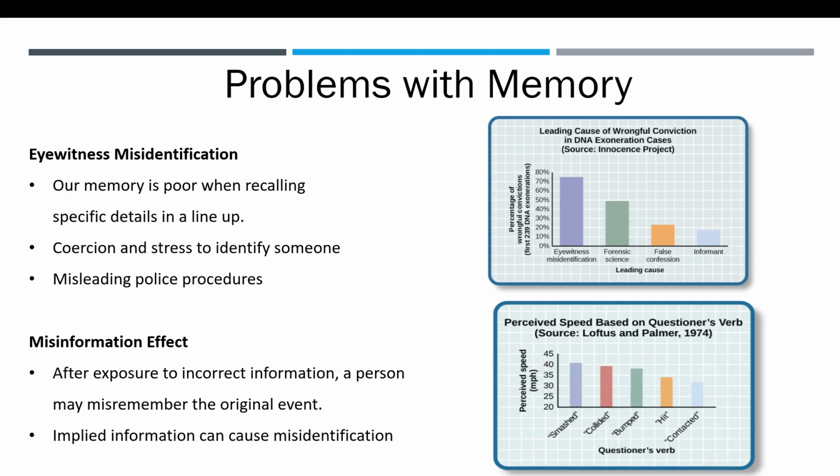And so different words such as smashed, collided, bumped, hit, or contacted might be perceived differently according to the perceived speed of a car. If an eyewitness saw a speeding car and a cop was trying to investigate how fast that car was going, if that cop used the word smashed, the eyewitness may see that as a higher perceived speed of the car that they saw.